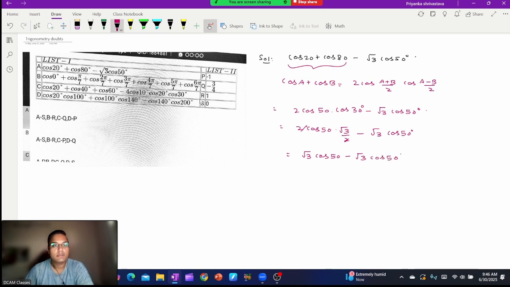So the answer for A is S, and these two options may be correct. B's are, so let's not solve B. C's this, so let's solve for C. Now to solve this one, look at the C part.